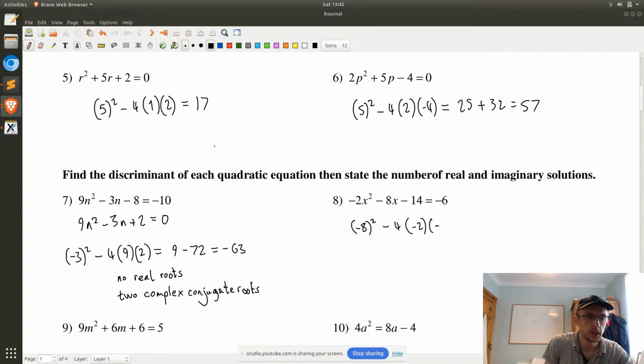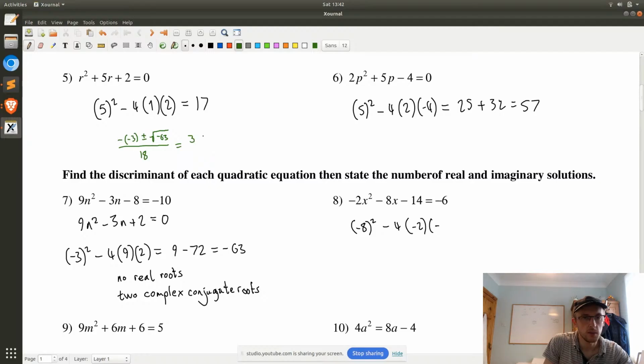Okay, I'll just apply it here. So we want to solve this. So minus 3 plus or minus square root negative 63 all divided by 18.